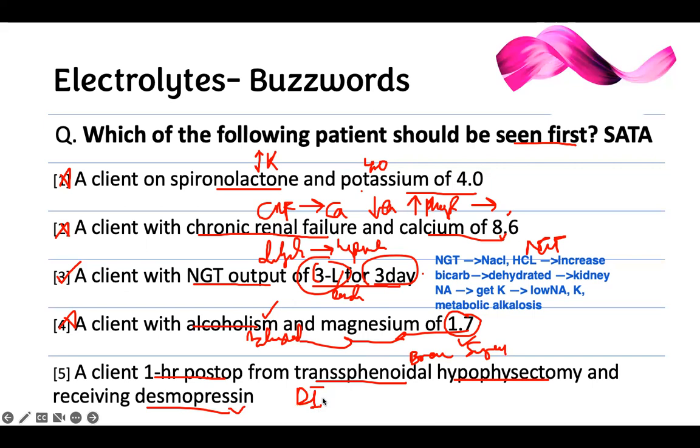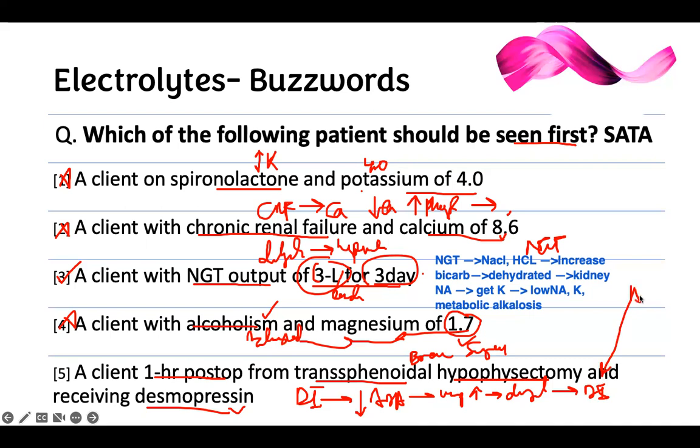When you have brain surgery, you disrupt the pathway where you secrete ADH, so your ADH will go down. When your ADH goes down, what happens? You start to pee a lot, so urine output goes up, you get dehydrated, and you become diabetes insipidus. How do you treat diabetes insipidus?